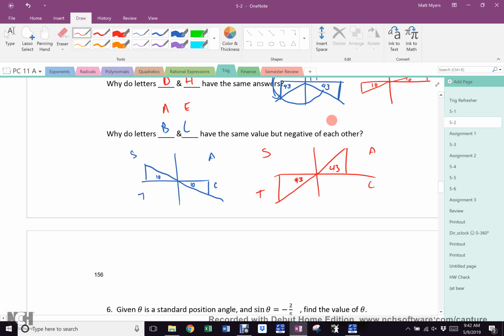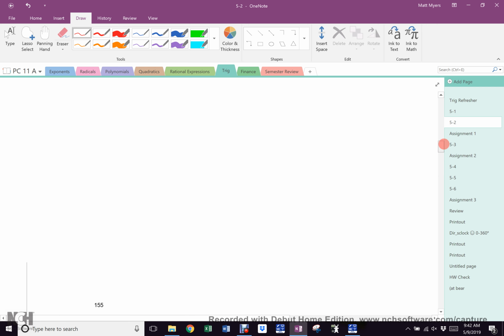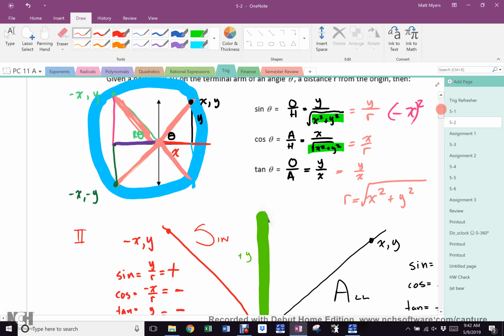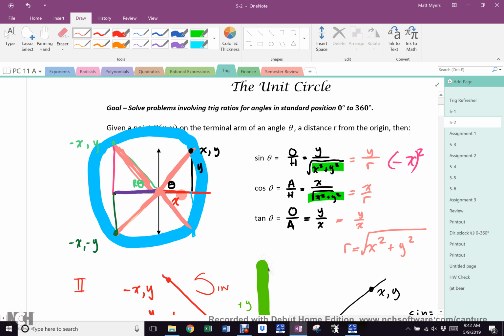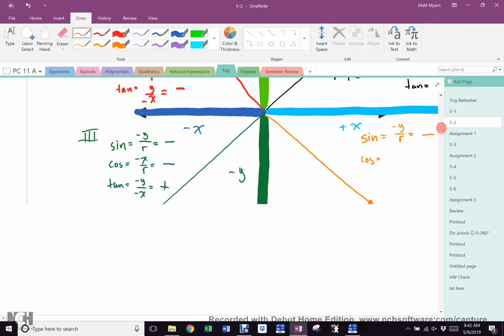Your calculator doesn't know what quadrant in which you are working because your calculator doesn't know anything except what you tell it. So you have to actually understand this ACTS thing. That's why I spent so long with it, showing it to you twice here. Once on the little one, and then once on the big one. That's how important it is.